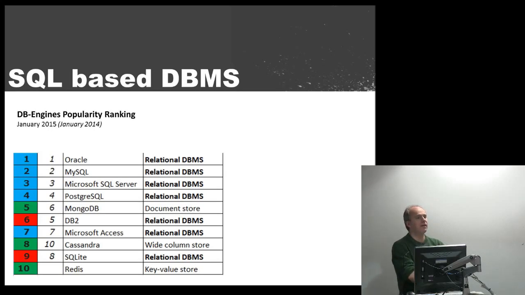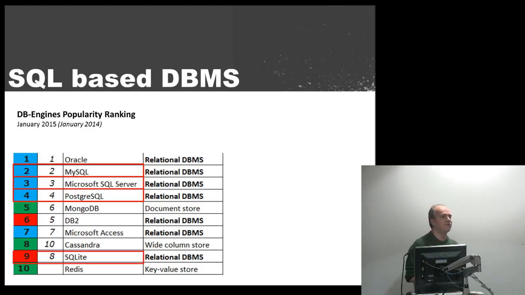If we look again at the most popular database engines, as we saw last week, number 1 is Oracle, number 2 is MySQL, number 3 is Microsoft SQL Server, number 4 is PostgreSQL, and we even have SQLite. So you can see that the SQL family is very present.